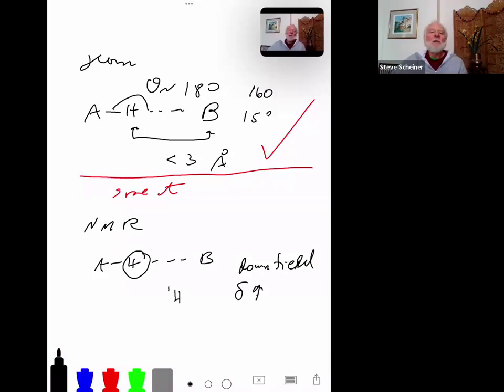A larger delta is another way of saying a downfield shift. Or they would say that the shielding on the hydrogen is dropping. Typically that could be 1 to 4 parts per million, which are the units NMR spectroscopists use. So if you're looking at an NMR spectrum and you think there's a hydrogen bond, that's the main thing you would look for.